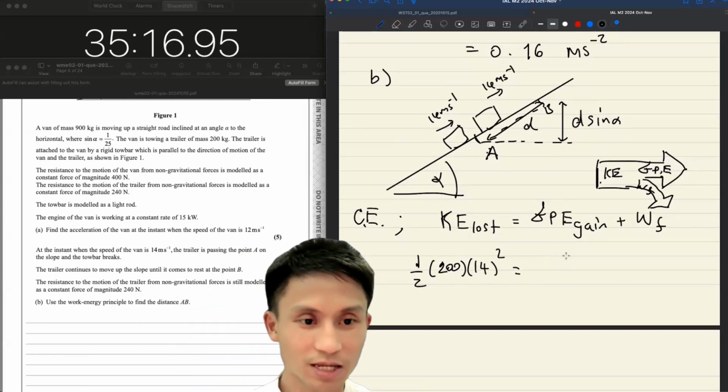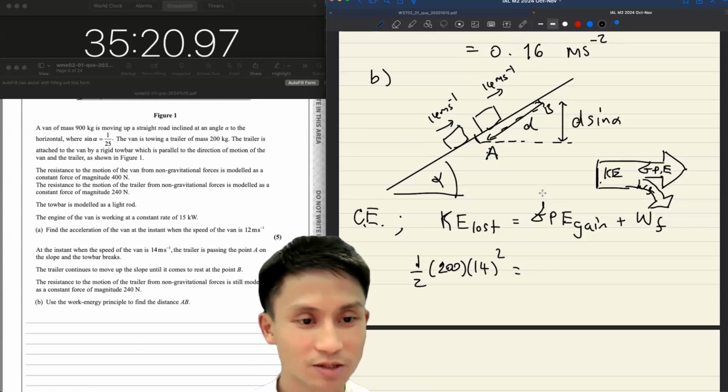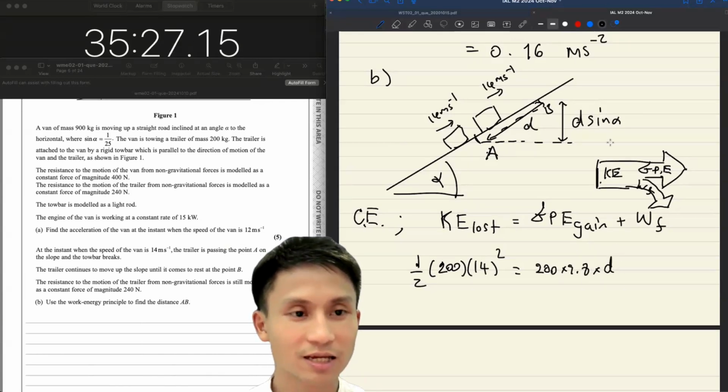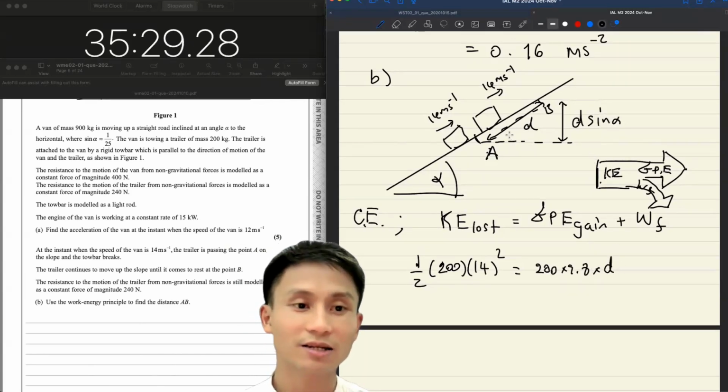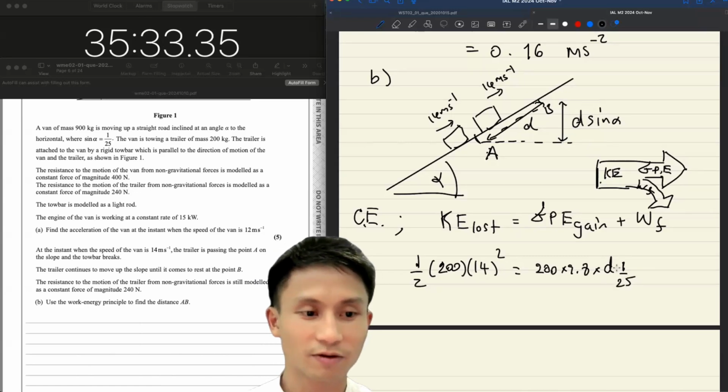And then equals GPE gain. So the trailer's GPE is mgh, so it's 200 g, and then h is d sine alpha, right? Because this is the height gain. Sine alpha is 1/25.